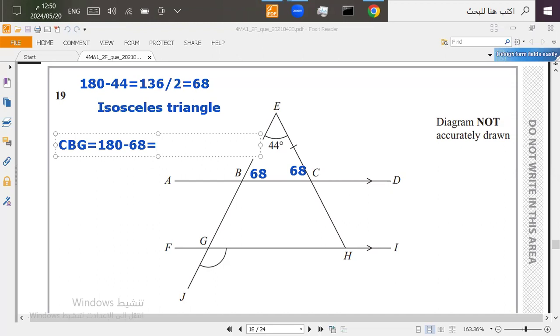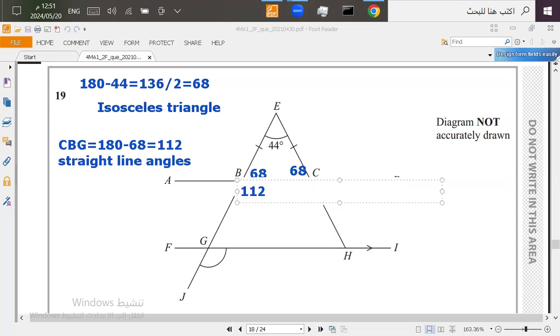So 180 minus 68. And the answer is 112. Now, what's the reason? We call these straight line angles. So straight line angles add up to 180. So we subtracted, we found this, which is 112.